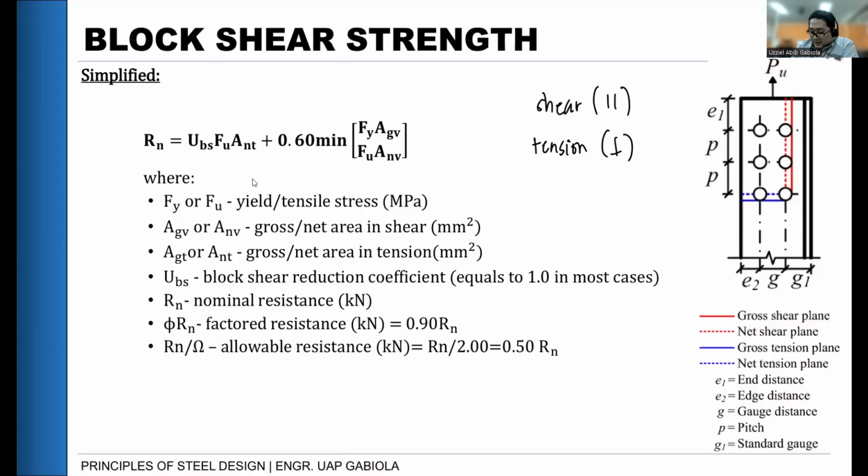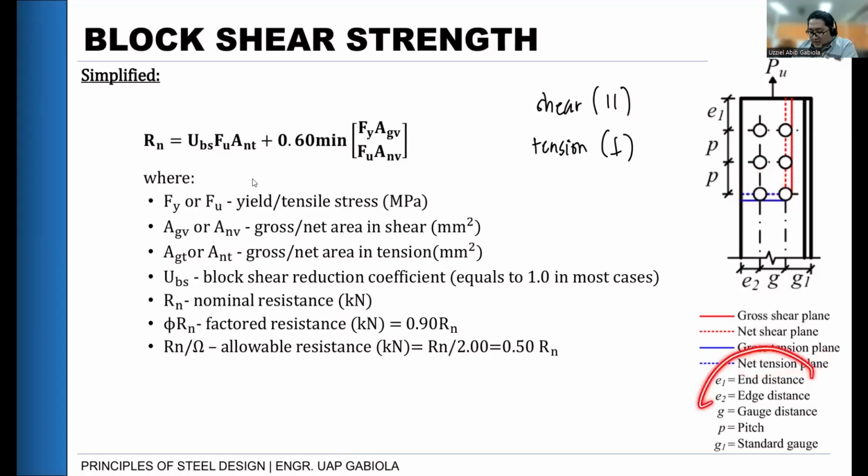Okay? And the same with the gross tension plane. For tension, again, we are perpendicular. So this is our consideration, starting from the center to the edge of the plate, perpendicular to our loading. So that is the gross tension plane. And for net, we subtract the holes here. Net tension plane. And then the others are the same.